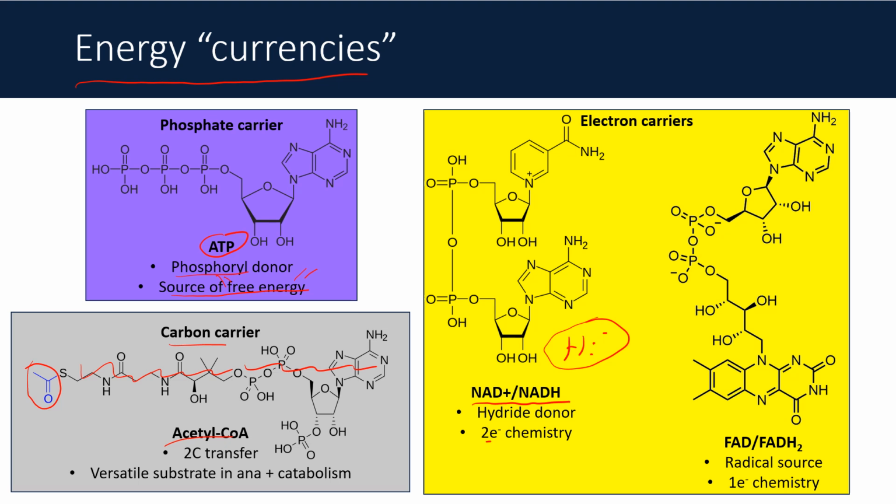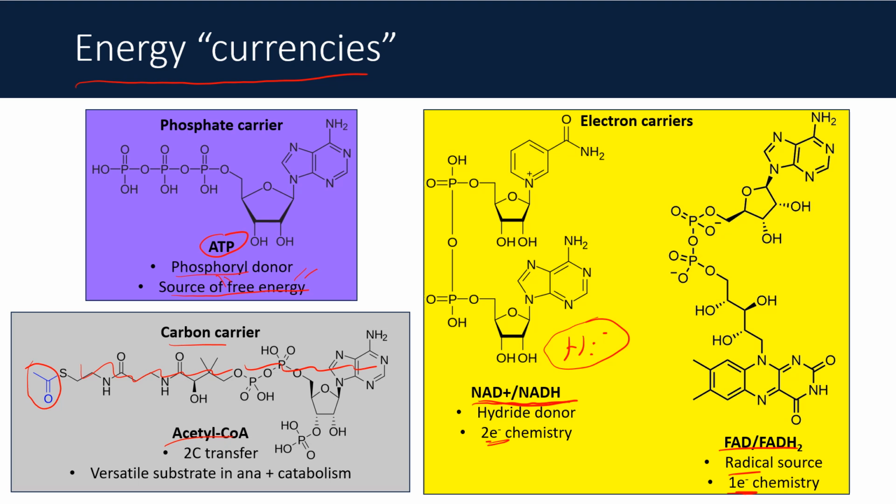Now, like the NAD plus NADH couple, flavin adenine dinucleotide is similar, except it can do two electron chemistry as well, like its cousin, but it can also do one electron chemistry, aka radical reactions. So it's a little bit more flexible.